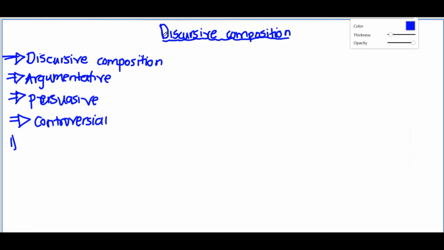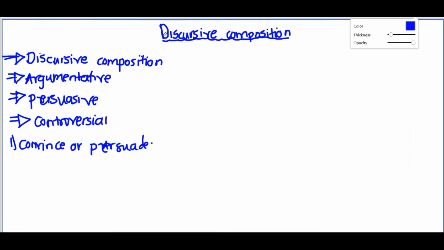We need to know that this is written to convince. To convince about what? Maybe for a certain motion. So to convince or persuade someone, that is the importance of such kind of composition. You just want to convince or persuade the reader to accept or agree with the writer's views, to accept that what you are saying is true.